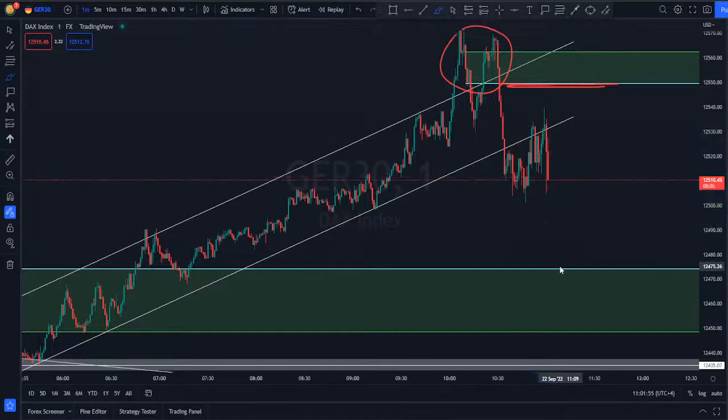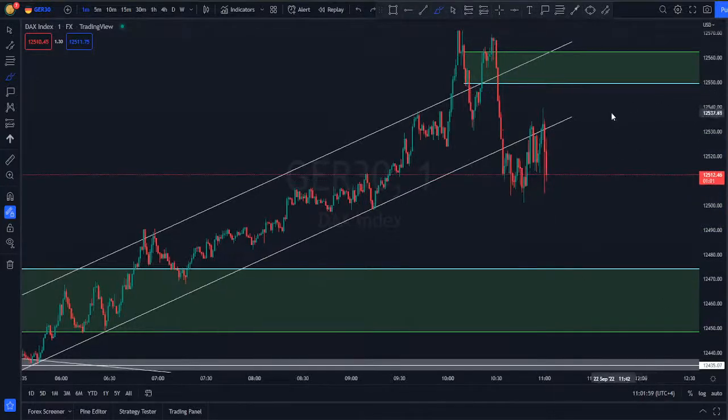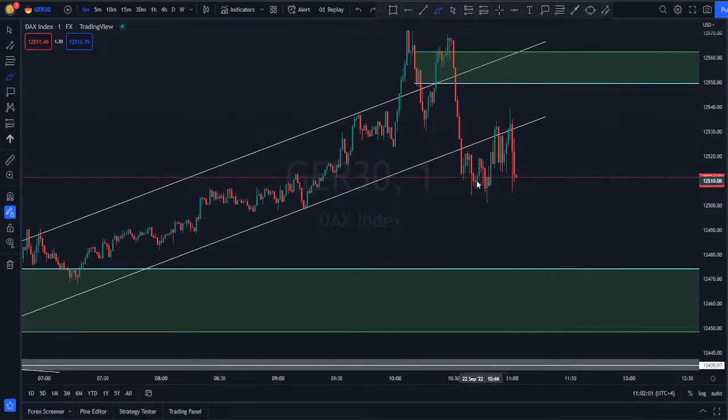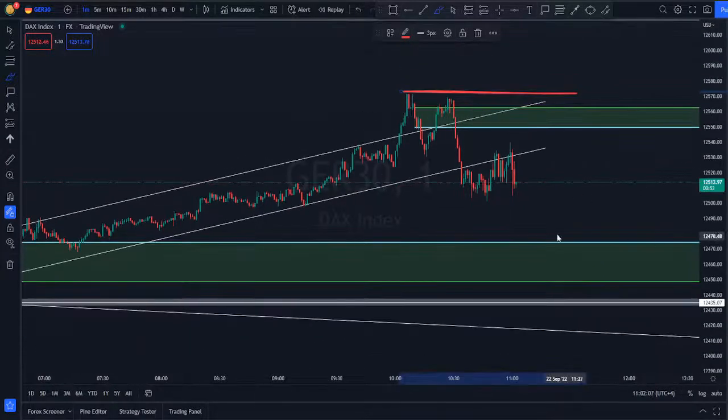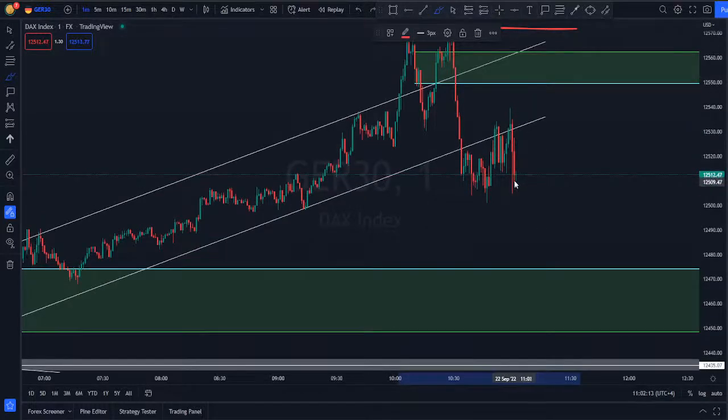If you are the guy that likes taking extreme risk, this is you. You can go ahead and take a sell position, putting your stop loss above this level. But then your stop loss is going to be almost equal to your take profit, which is not recommended. That is the main reason why I'm waiting for a better price.